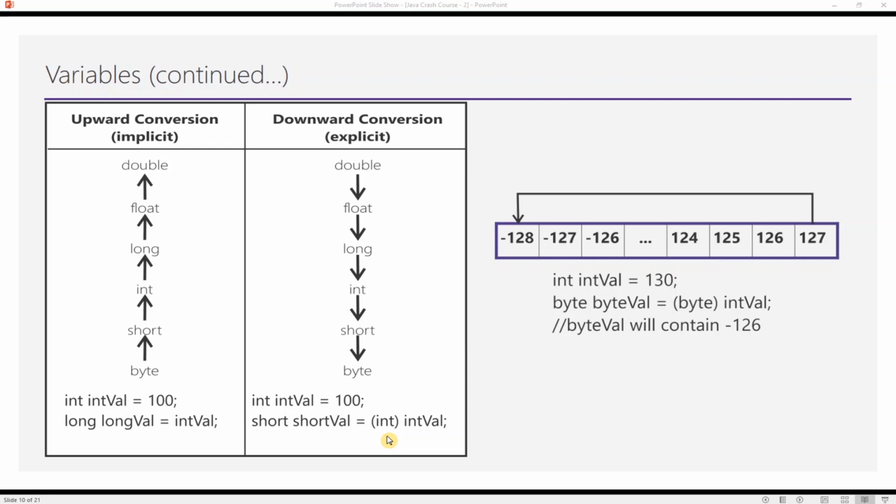One side effect to this approach is that if the value assigned to the target data type overflows or exceeds its max range, then it wraps around and starts over from the beginning.